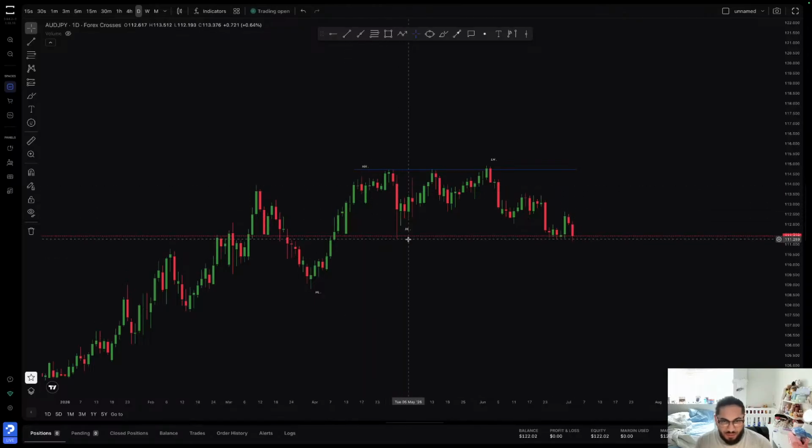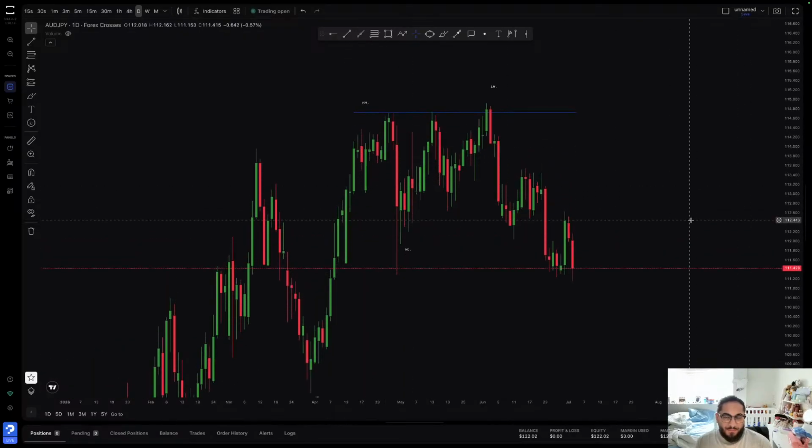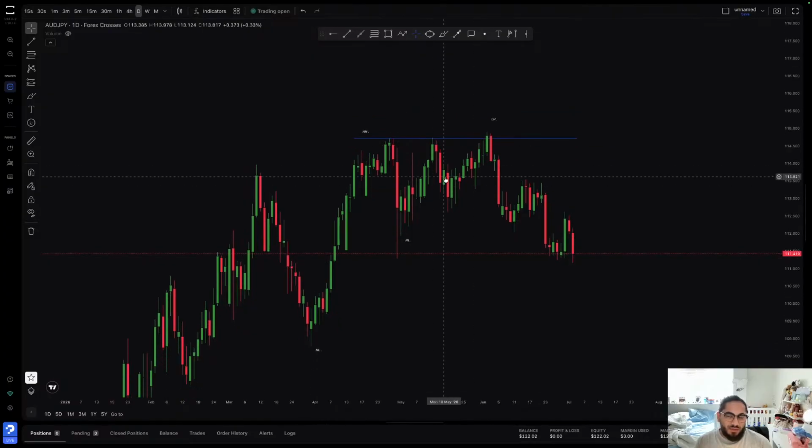Higher high, higher low. And again, it's all about why I need weekly. Weekly is giving me that current, it's letting me know about the counter trend.